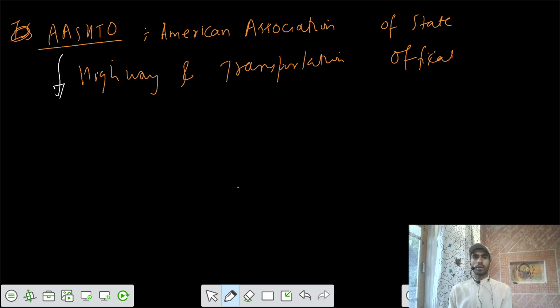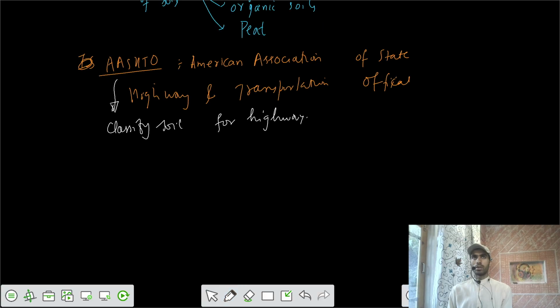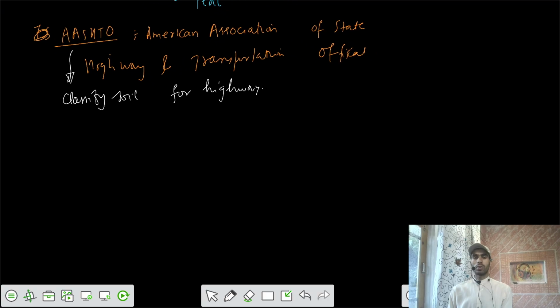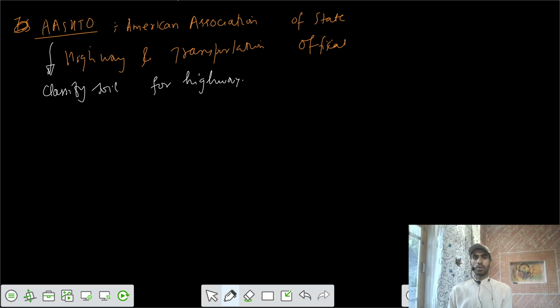This classification is used for classifying the soils for highways. If you want to design a highway, you need those soils, the embankment and subgrade soils, etc. For that you are going to use this method.